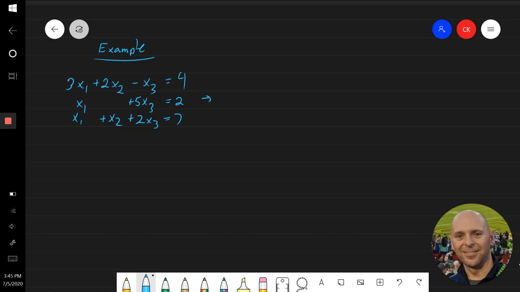So we'll take off the coefficients from the x1 variable here, 3, 1, 1, and we'll multiply that times just x1. So we'll take x1 times 3, 1, 1, and we'll add to that what we get when we pull off the coefficients from the x2, which is 2, 0, 1, times x2.